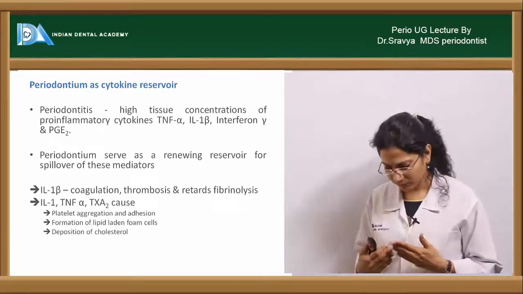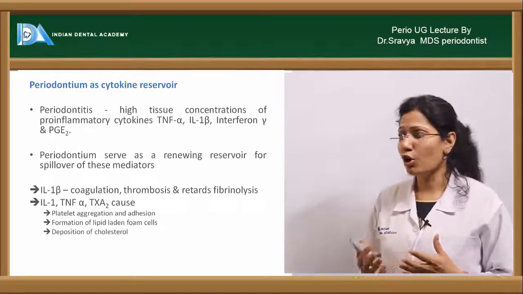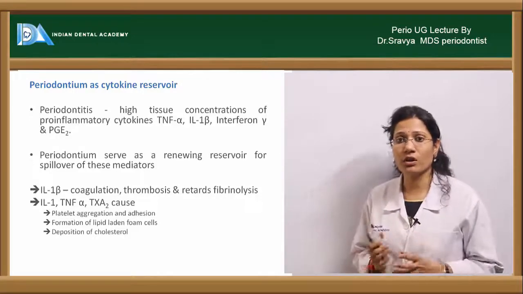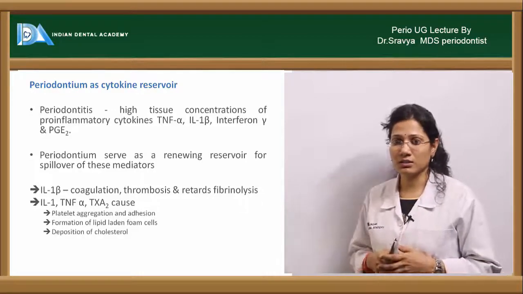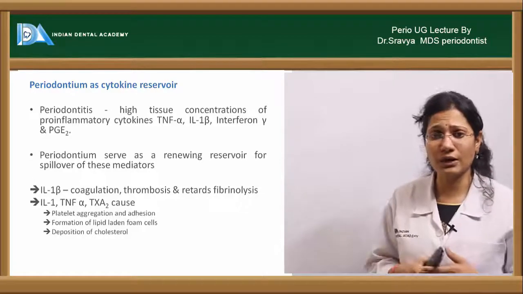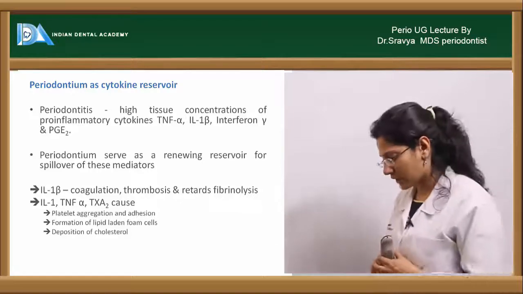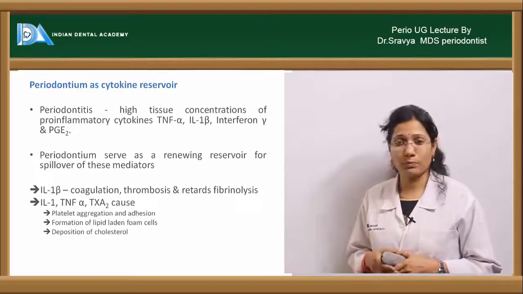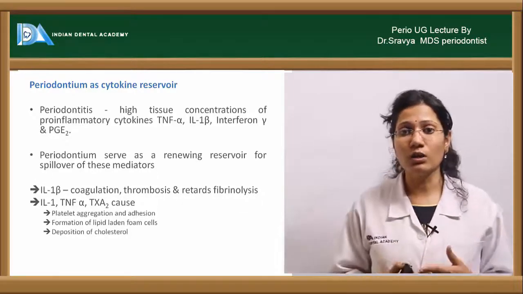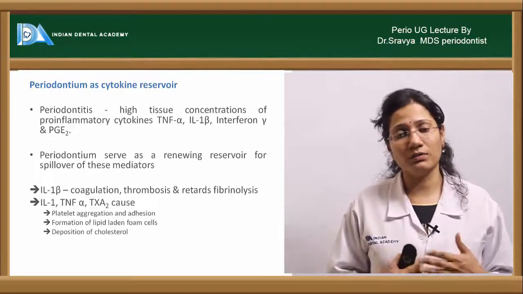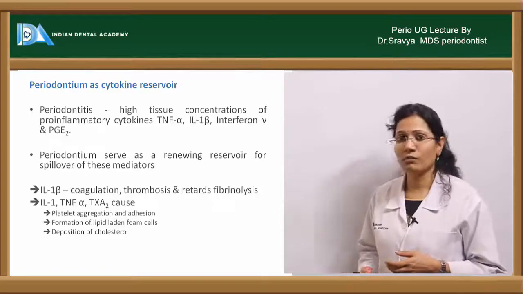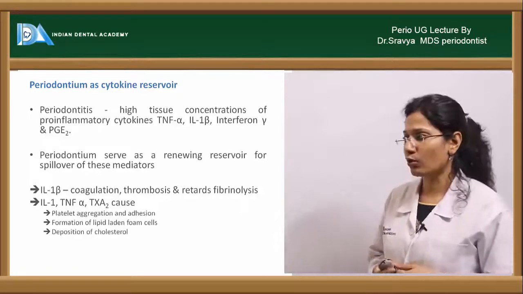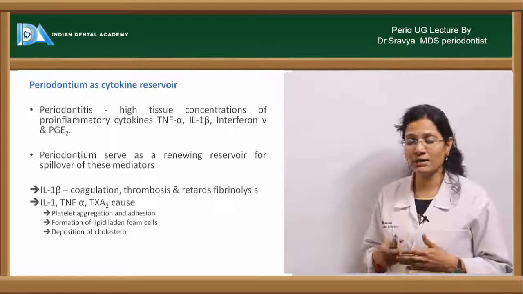So there is a reservoir full of cytokines available to produce systemic effects. These inflammatory mediators, for example prostaglandins and interleukins, do not just have a local effect even though they are produced in the periodontium; they do have a systemic effect when they are abundantly present.